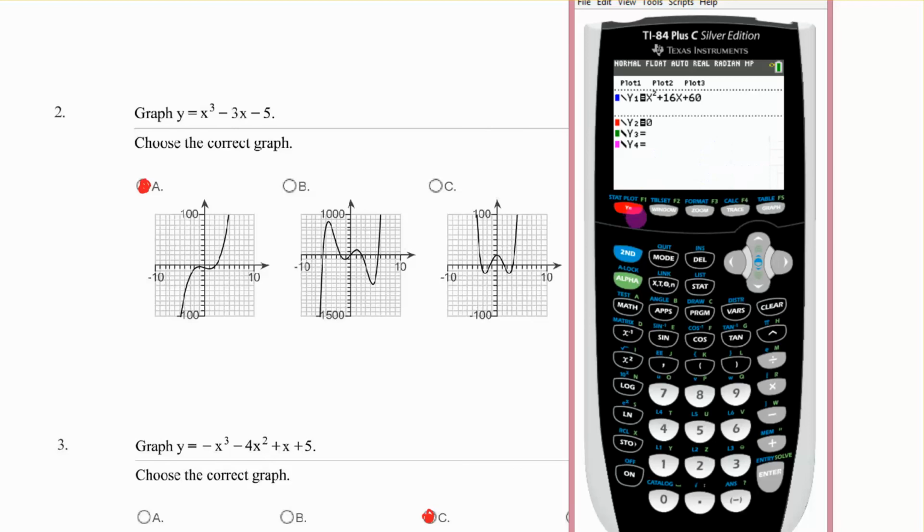So we'll go to y equals and clear that out, and we'll have an x to the third minus 3x minus 5. And let's see, if we really want this to look like this, we can look at the window. Let's see what we get if we just hit a zoom 6.